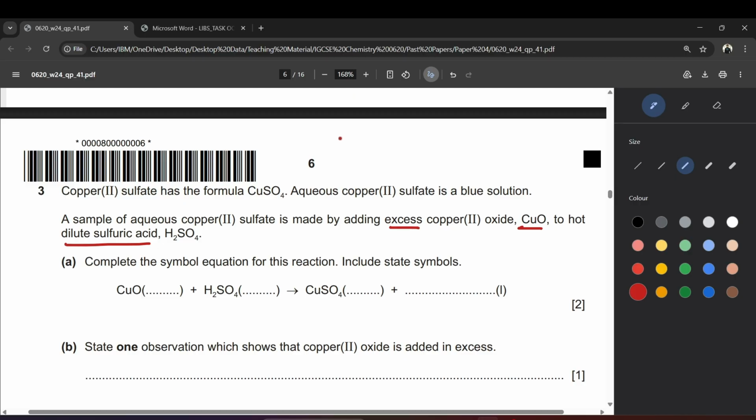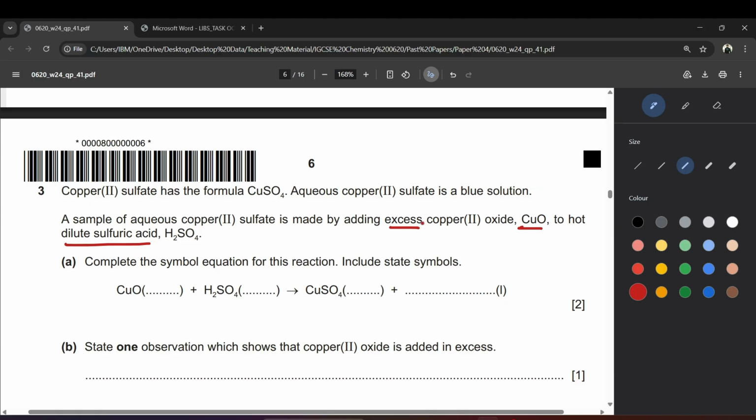So first of all, we have studied three types of salt preparation methods. So we had titration, neutralization, and precipitation. Now, since this is a salt of a transition metal, this cannot be titration. Secondly, we are trying to prepare copper 2 sulfate, which is a soluble salt. So therefore, the process that we are going to use will be neutralization.